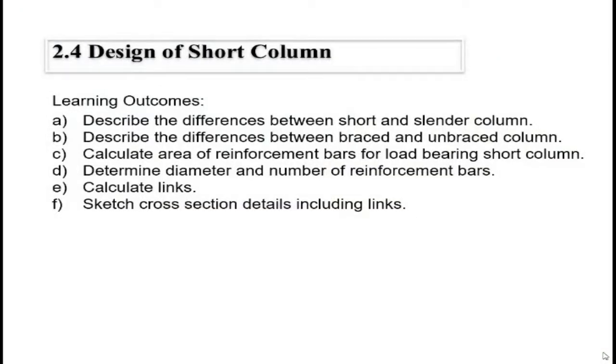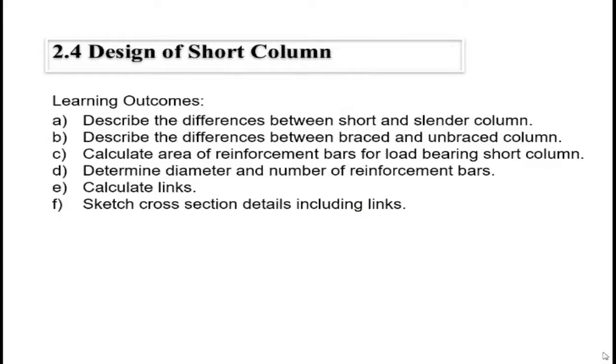Today we stay in chapter 2, analysis and design, but we will go to design of column. For your syllabus, we will design short column. Actually, we have two types of column, short and slender column. Your learning outcomes: you have to describe the differences between short and slender column, and describe the differences between braced and unbraced column.